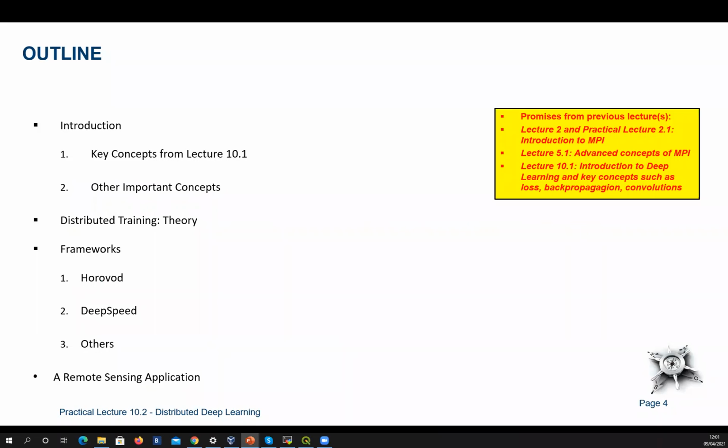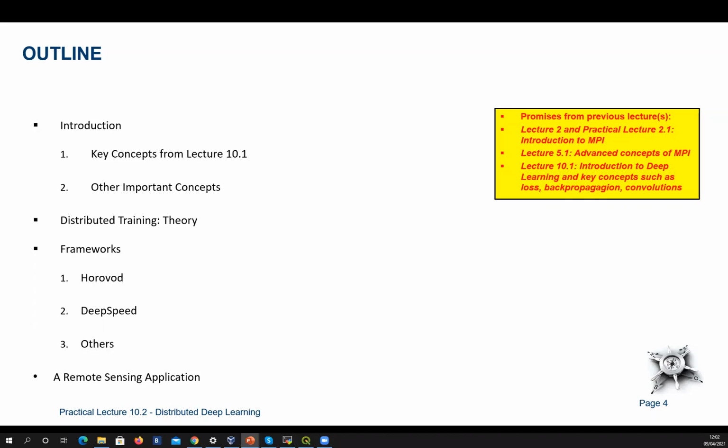What I will explain will be a mixture of theoretical concepts related to what I do, which is distributed deep learning, and also some hands-on, more practical applications in my field, which is remote sensing. But also I will try to show some of the frameworks you can leverage to distribute your deep learning models.